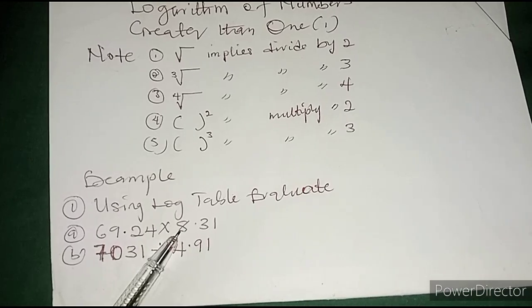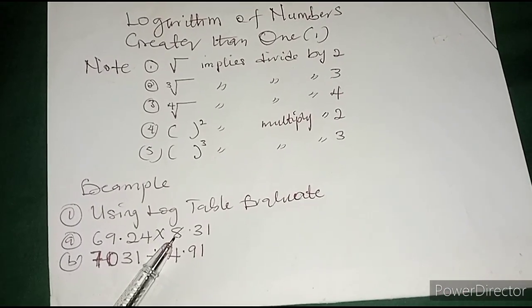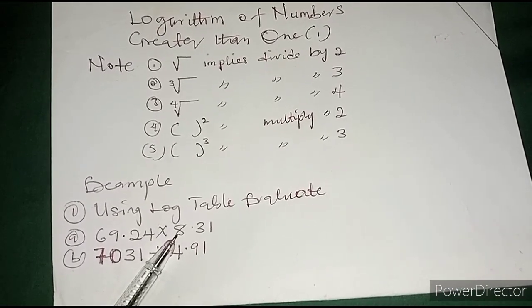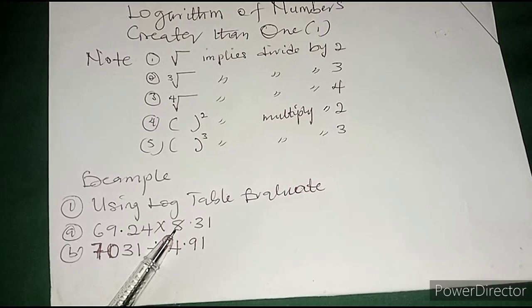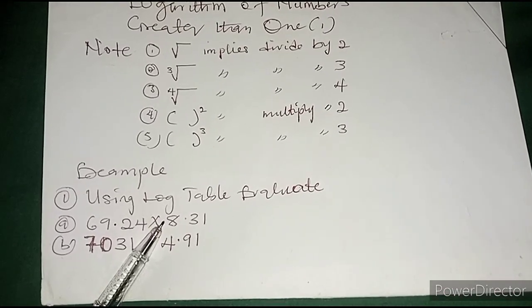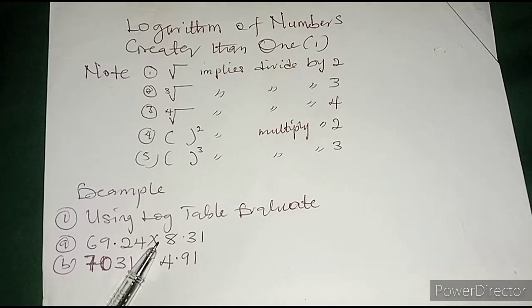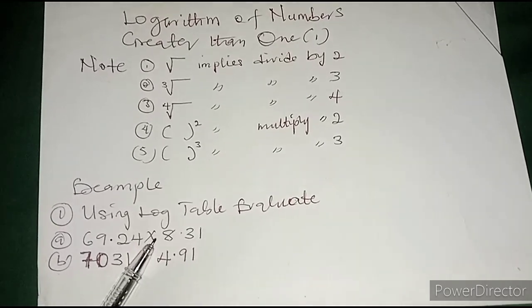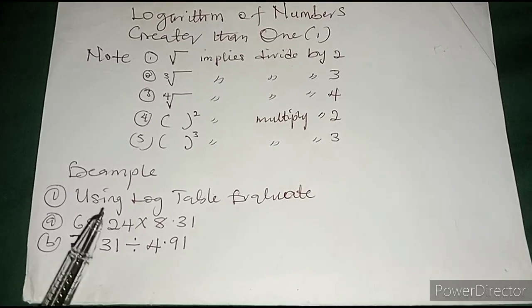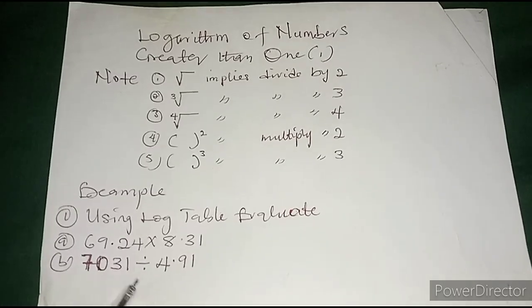There are 3 approaches to working on this. You can use your log table, you can use your calculator, or you can solve it doing simple arithmetic. But here we're instructed to use what? Log table. So let's get started.